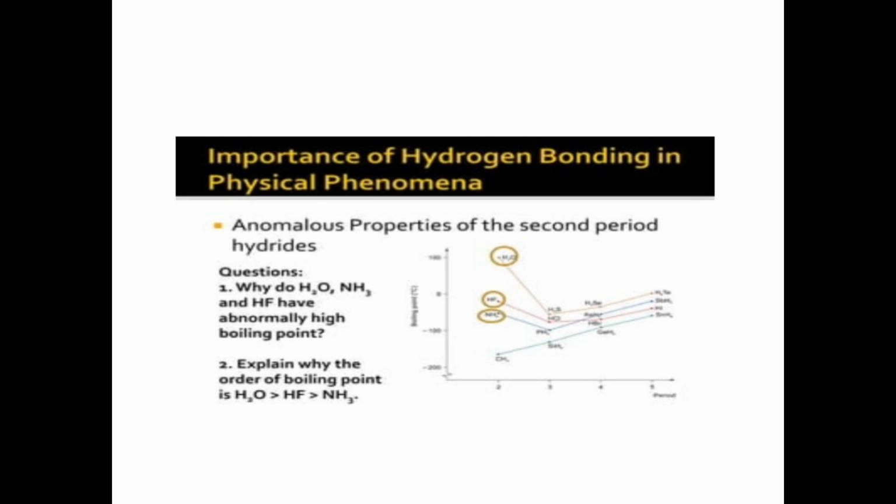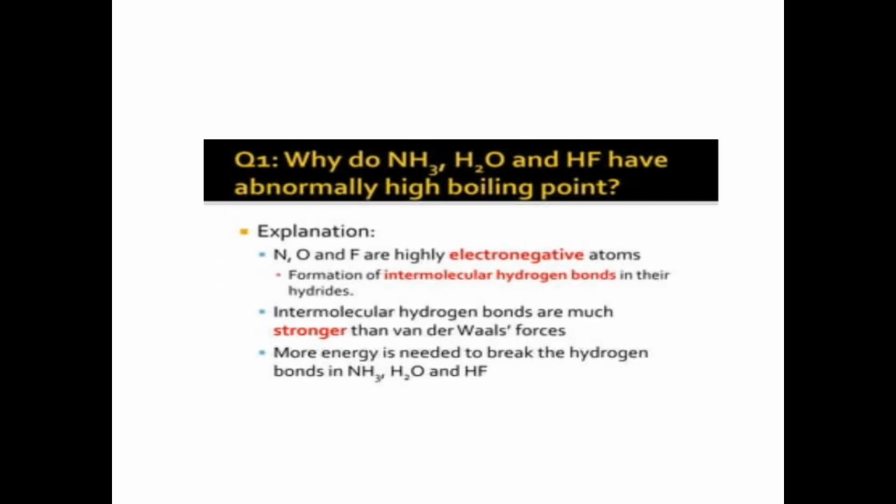So what could be responsible for this? Now let's quickly find an explanation to this. Now you observe that in NH3, H2O, and HF, the key electronegative elements are N, O, and F, especially.